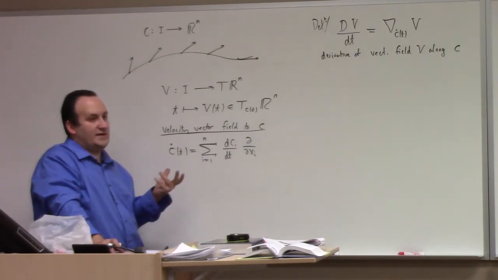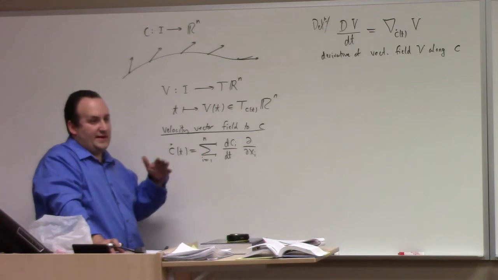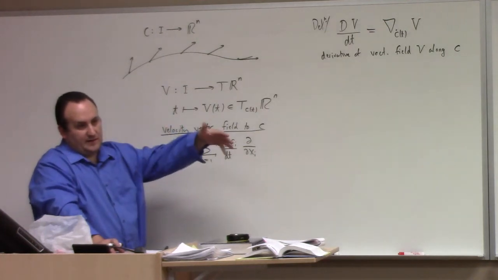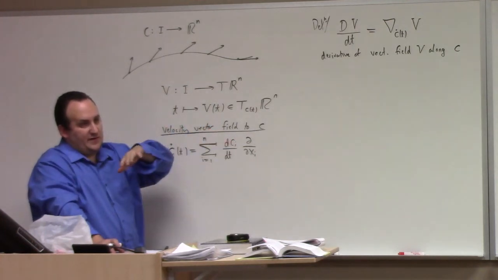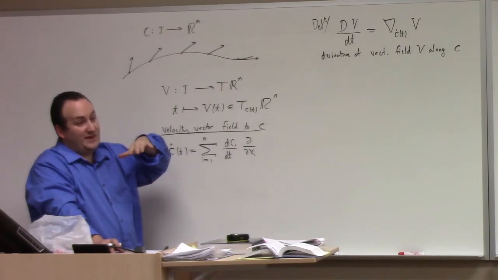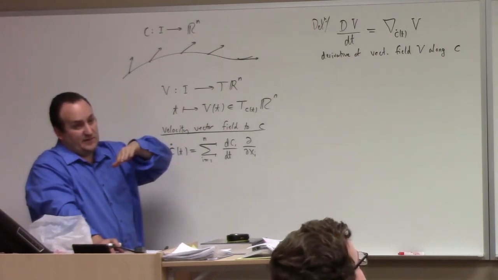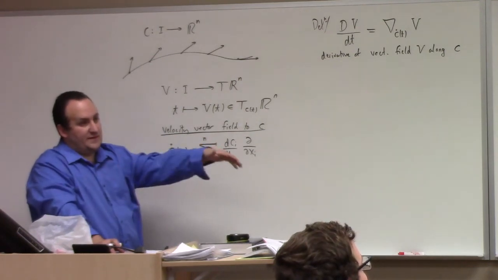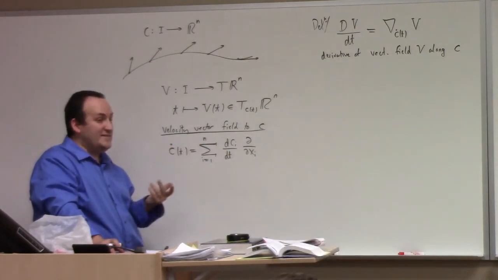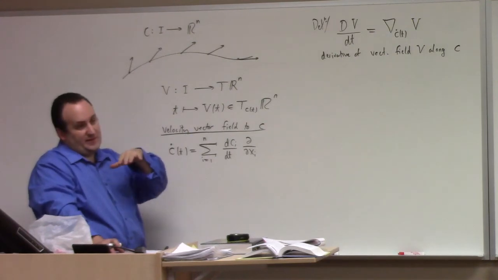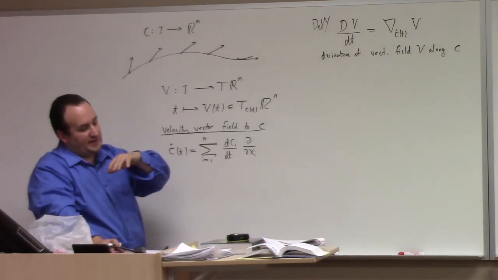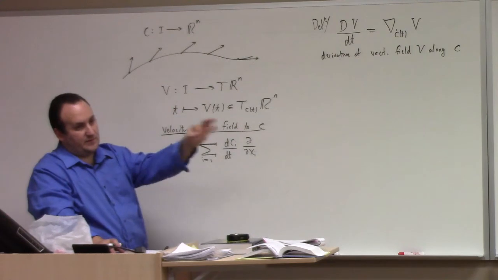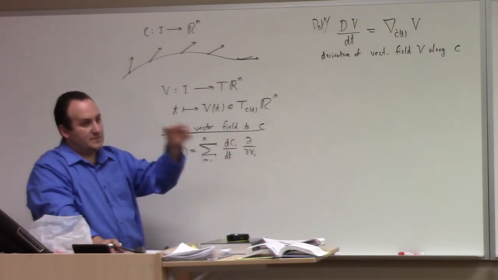This becomes more interesting when you think about the curve being on a curved space, right? And V is a vector field which, like you said, is tangent to the surface, and this is going to measure the change in the vector field on the surface as it goes along the curve, right?